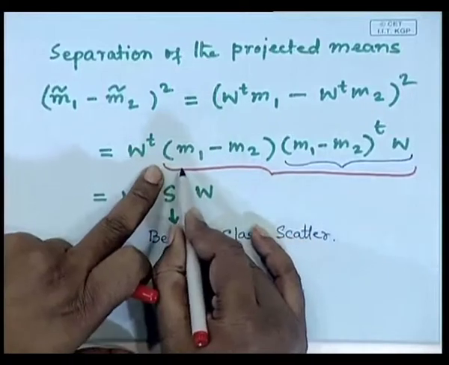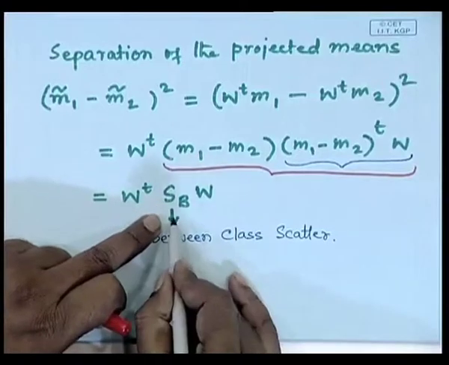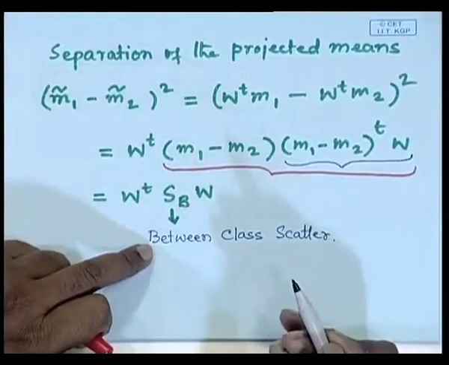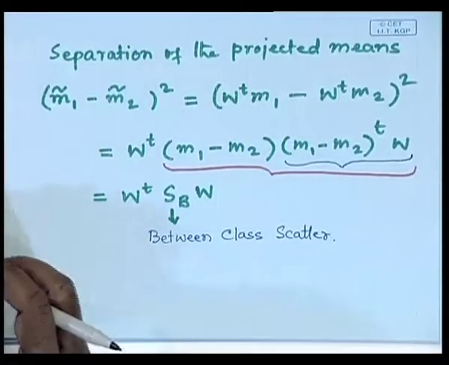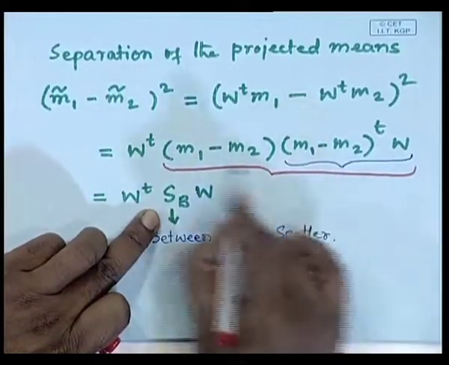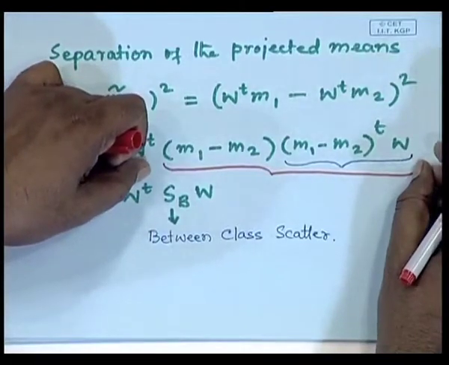So, when I am writing this as S B W, you find that S B W will be a vector in the direction of M 1 minus M 2, because S B W is nothing but this, right.